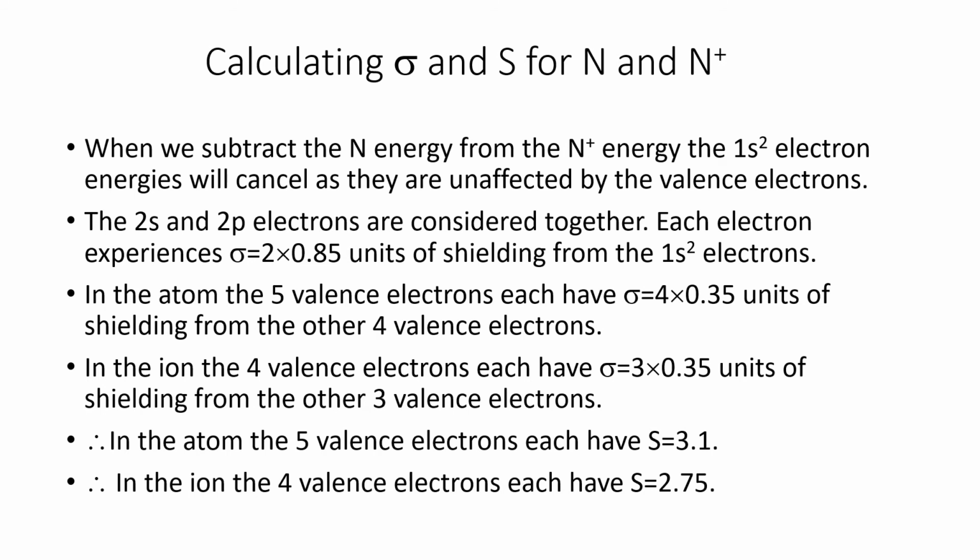But when you look at the N+ ion, it's much the same, except one of the valence electrons is missing, and so the total amount of shielding there has gone down by 0.35. So that's why we have this S equals 2.75 for the valence electrons in the N+ ion.